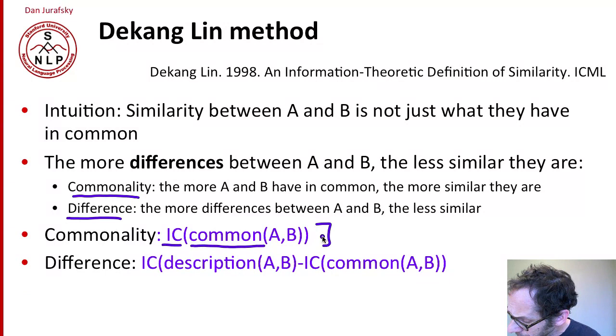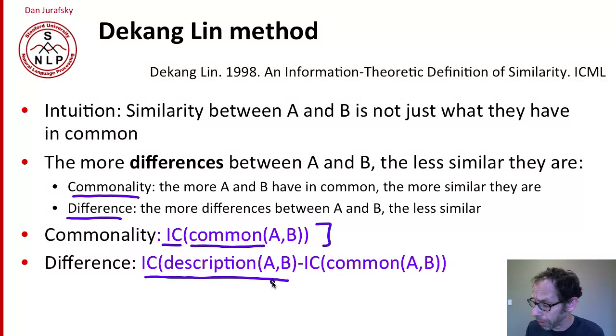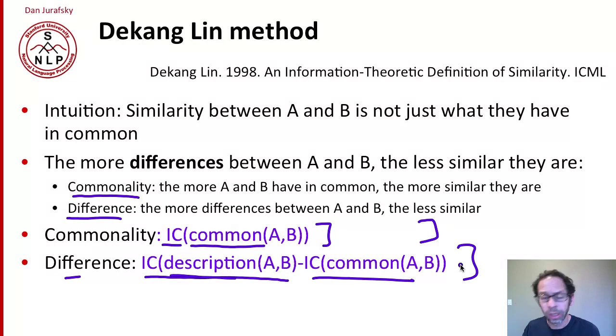And to measure the difference between A and B, we say that the total description of A and B, the sum of everything we know about them, is the sum of the commonalities plus the differences. So to get the differences, we can take the description and subtract out the commonalities. So roughly speaking, A and B are more similar if IC of common is high and IC of description is low.